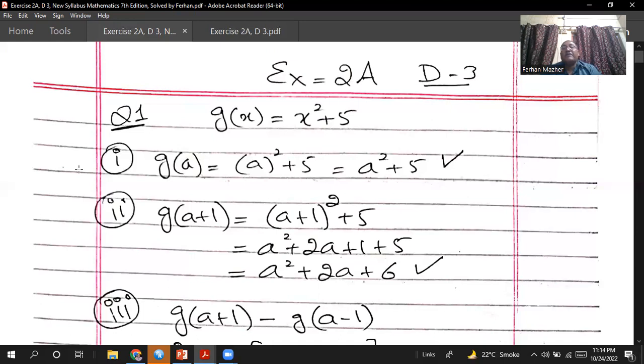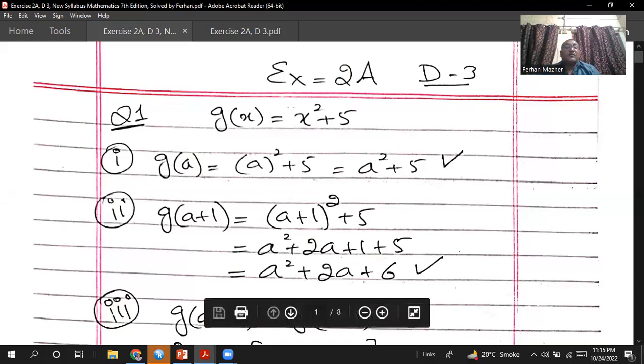The formula is a plus b whole square equals a square plus 2ab plus b square: square of the first term plus 2 into first term into second term plus square of the second term. So it will be a square plus 2a plus 1 plus 5. So it will be a square plus 2a plus 6. That is how you do this part, the second part.